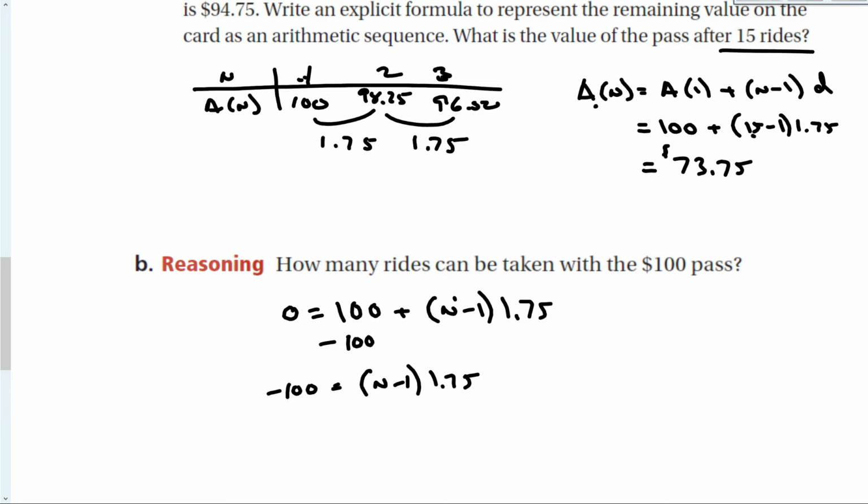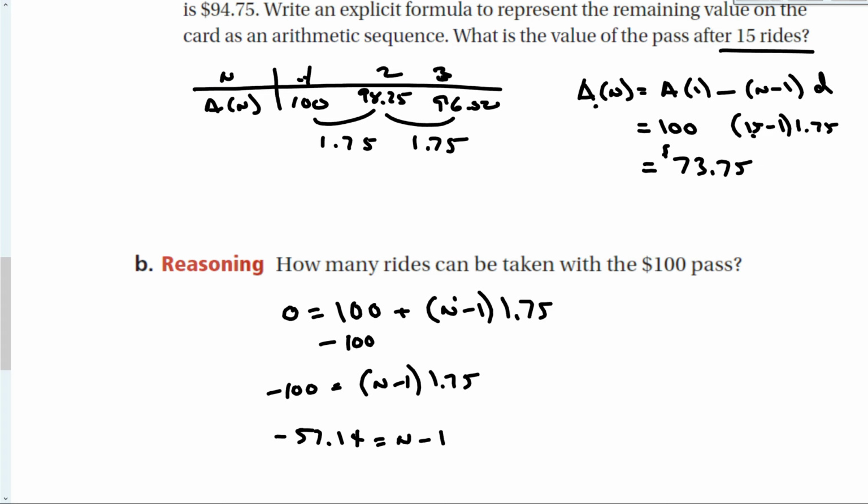Divide out the 175. So that'd be 100 divided by 1.75, which would be 57.14. Okay, equals n minus 1. Oh, I see why I made a mistake here.